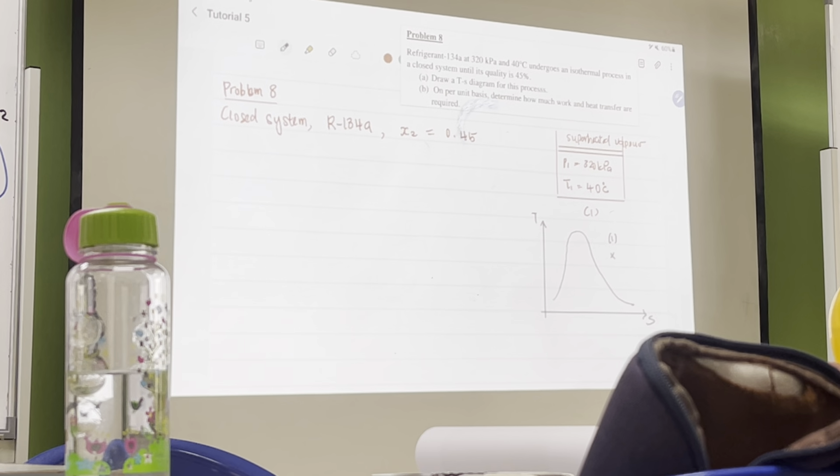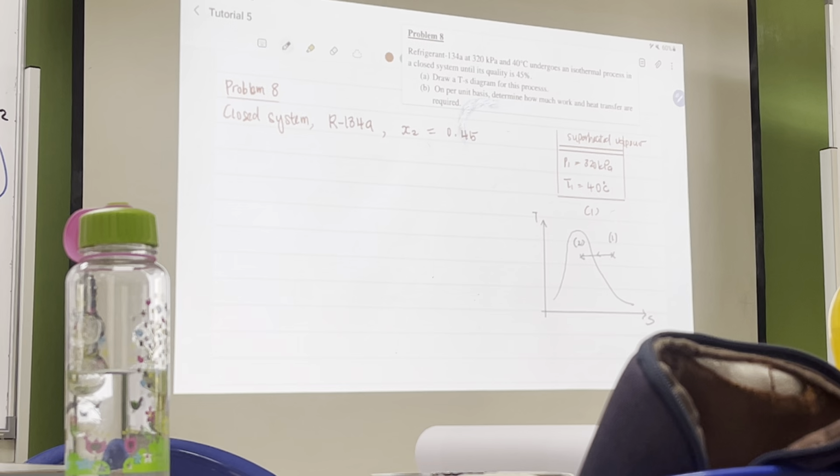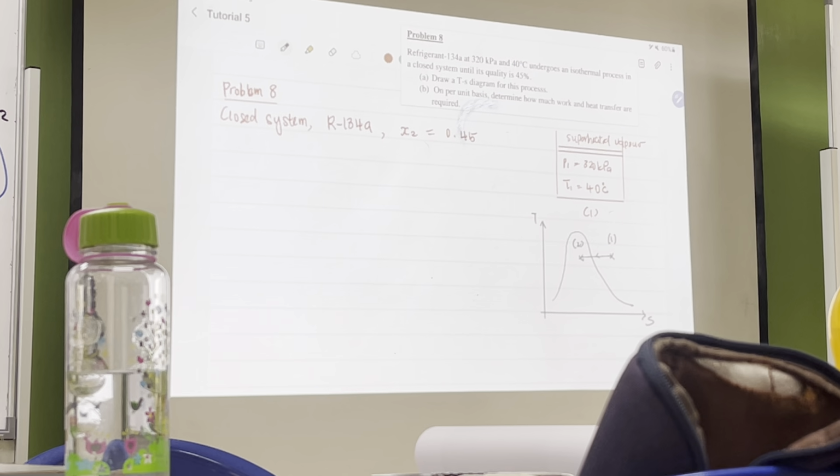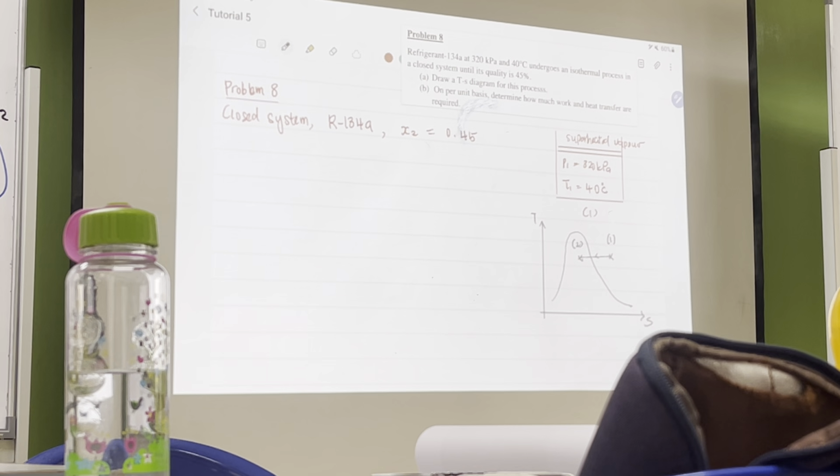And the final state is 45% quality, which means it will end as a mixture, so the diagram will go this way. My line is not very straight, but it should be a horizontal straight line to the left, because this is an isothermal process. Temperature doesn't change.